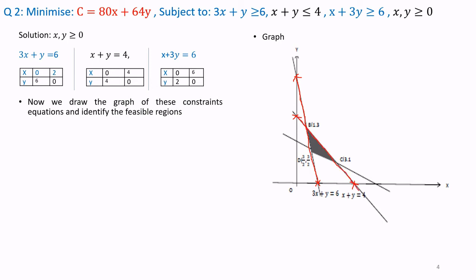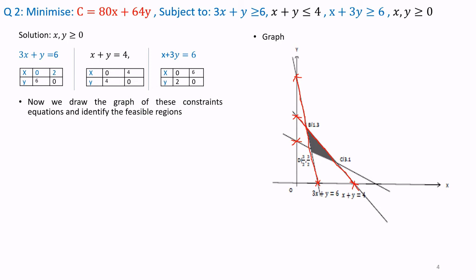Now we will draw the third line, that is x plus 3y equals 6. For this line, the first point is (0, 2). So when x is equal to 0, y is equal to 2. Y is on the vertical axis. This is where x is 0 and y is 2 here. So this is the first point for the third equation.